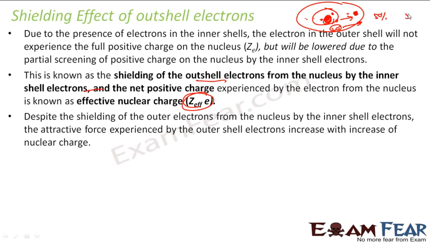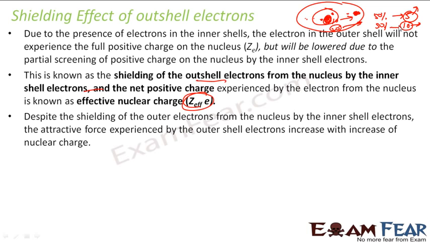So instead of 10, the outer shell will experience 5 in this case. If you put 20 here, the nuclear charge increases, and with 50% screening you still get 10. So in spite of screening, the effect is experienced: the attractive force increases with the increase in nuclear charge.